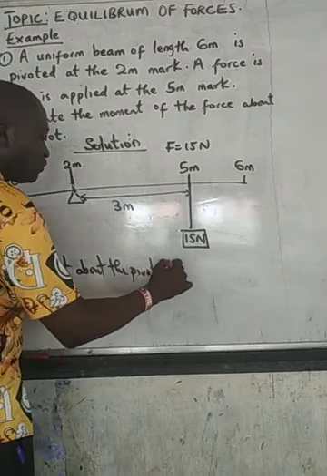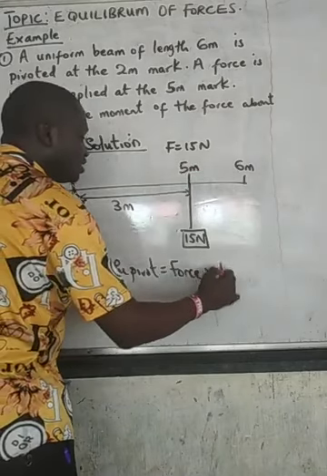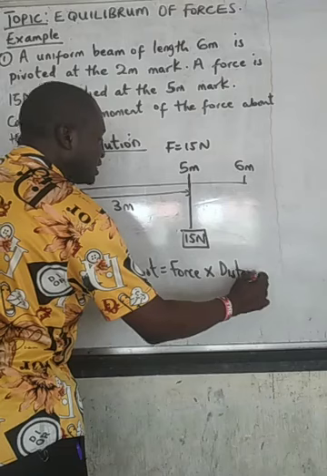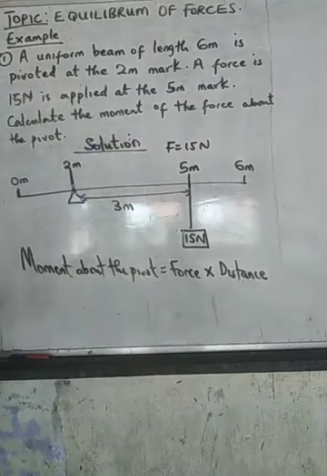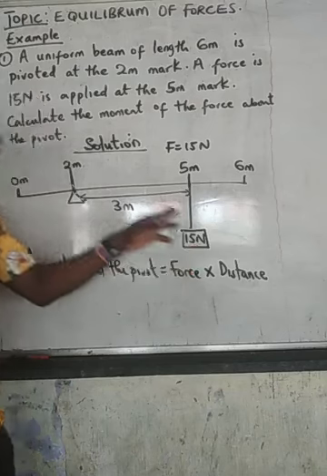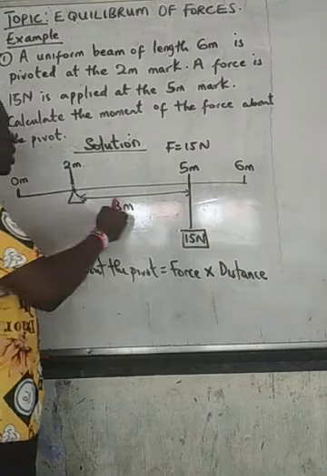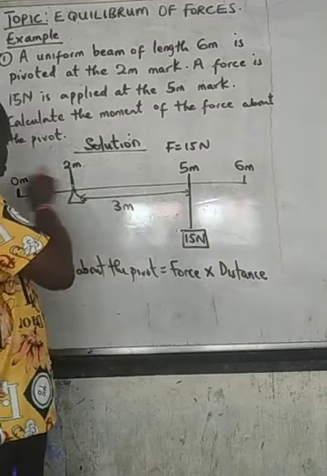It is the force at the 5 meter mark times the distance down to the pivot. Please take note. We are only concerned about the distance of the force to the pivot. We are not concerned about any other force away from the pivot. So the distance to the pivot is what I need, not these 2 meters.